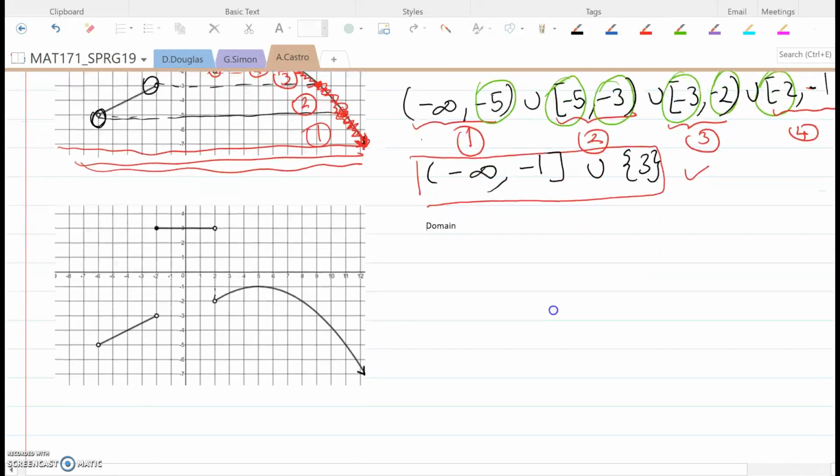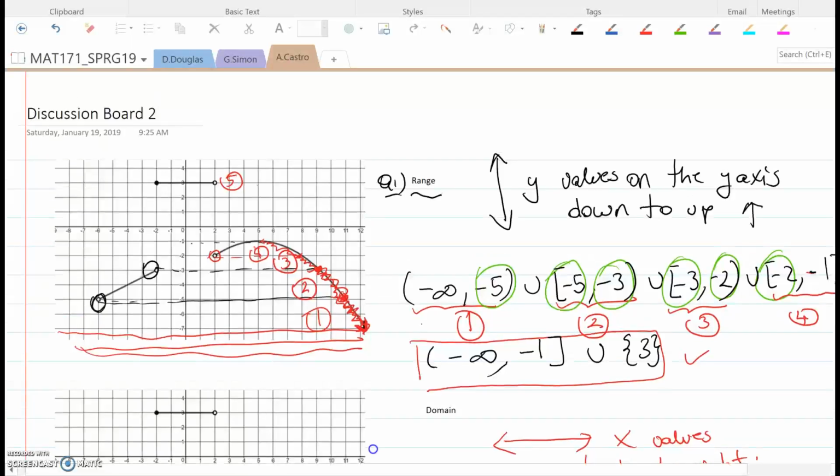So let's look at domain now in the same manner. In the domain, we're going to look at x values. As we're looking at x values, we're going to move from left to right. Remember, when we were looking at y values, we were looking from down to up.